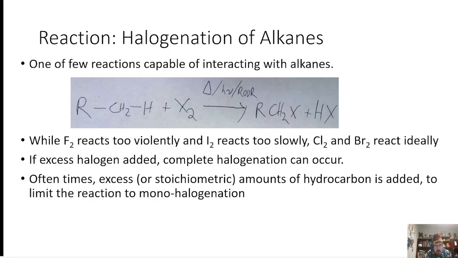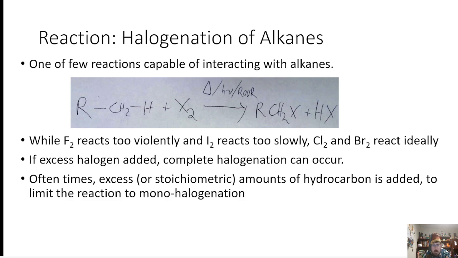It's really hard to just react with an alkane. I mean, alkanes are the strongest bases, so you can't very easily pull off a hydrogen. They don't really have a preferential attack spot, so it's really hard to modify alkanes.